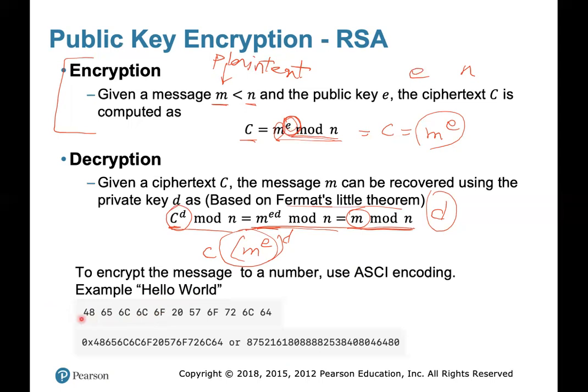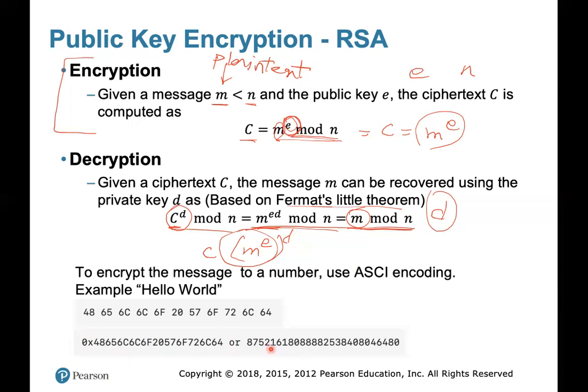So you see here 48 appeared, and then we have 65, 6C, 6C, another 6C, 6F, 20. And of course, this is a big number, in hexadecimal. We can convert it into decimal. In decimal, it's going to be this number. And now we can start the encryption based on this number.